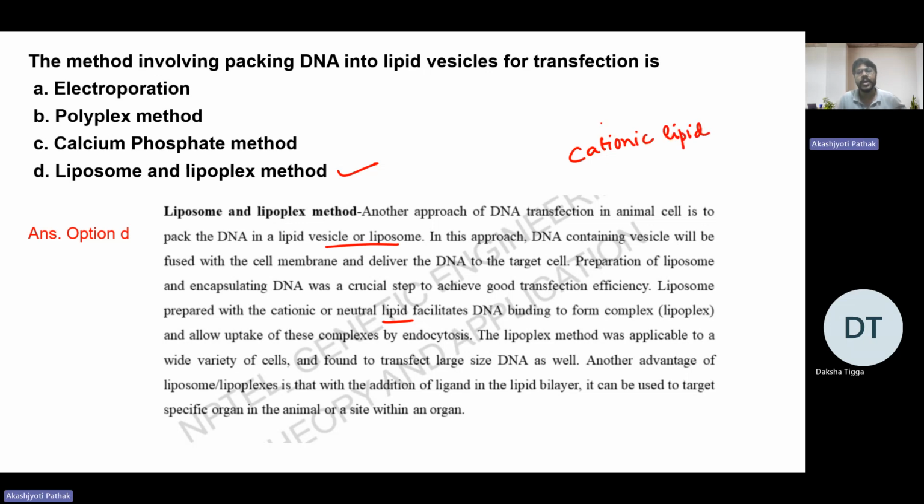They will form a liposome-like structure around the nucleic acid, around the DNA. This complex that is formed is called the lipoplex. So the DNA and the cationic lipid together form a complex called the lipoplex, and it will allow the complex to be endocytosed.